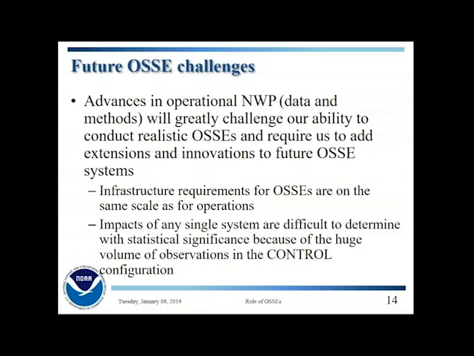The thing right off the top of the list is, how can we afford to run these experiments? We basically need to be running things that are the same scale as operations, and it's not just a few forecasts. With the current mix of observation systems that we have in place, it's very hard for a new observation system to show any positive impact, or for that matter, any negative impact.